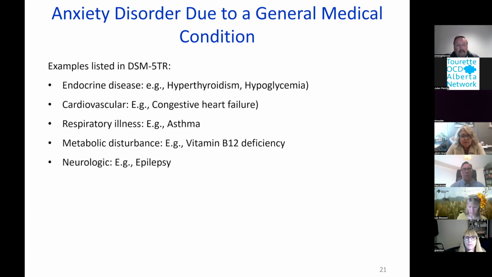And anxiety disorder due to a general medical condition, and I'm not sure how many of you are physicians, but this is not the most common presentation. As you're hearing, it's far more common to have anxiety disorders that are primary, way more common than any of these things that are listed, particularly in children.